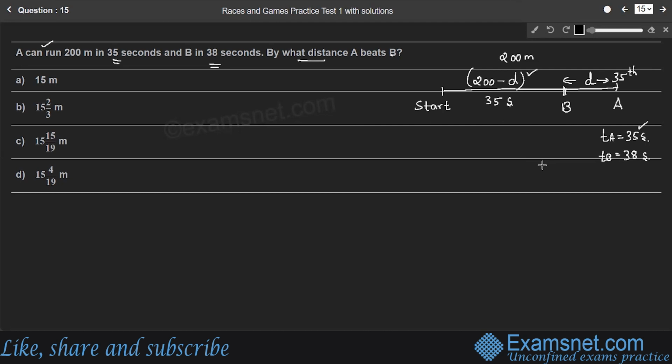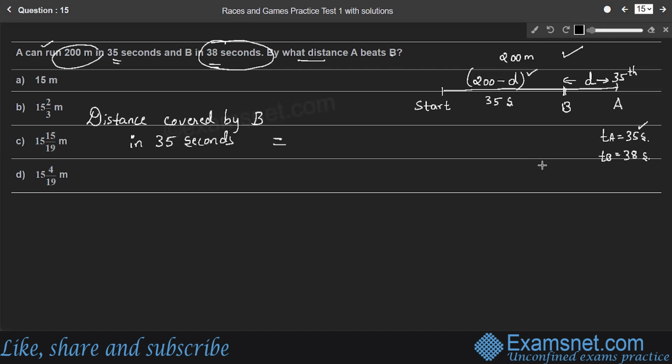Whereas in 35 seconds, A covers the whole distance, 200 meters. So first let us find the distance covered by B in 35 seconds. It is directly given that in 38 seconds, B can cover 200 meters. Therefore, in 1 second, B can cover 200 by 38 meters.